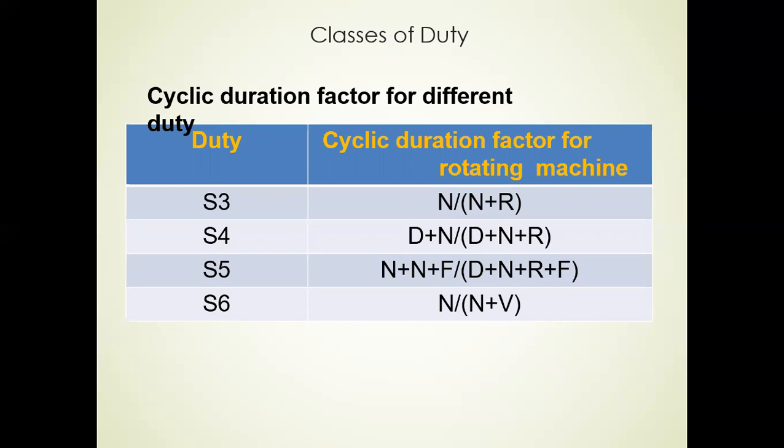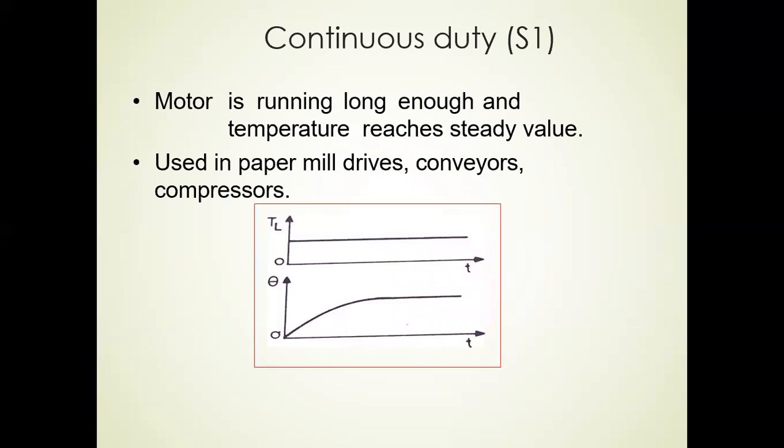Here these are the classes of duty we have seen, and in detail we will see the characteristics of that particular machine and its examples also. First one, S1, is continuous operation. The motor is running long enough and temperature reaches a steady state value.